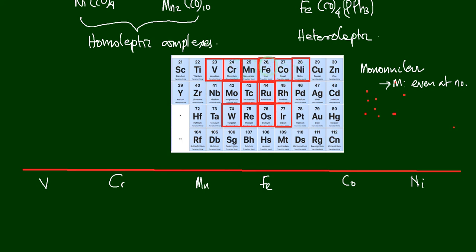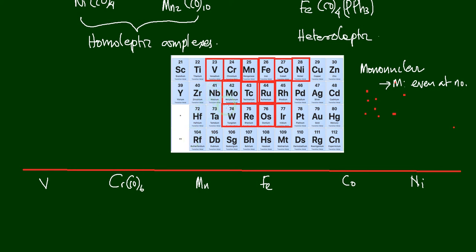Chromium is 24, iron 26, and nickel 28. They have the even atomic number, so they give the mononuclear carbonyl complexes. So let us write chromium: chromium gives Cr(CO)6. This is a mononuclear carbonyl complex.